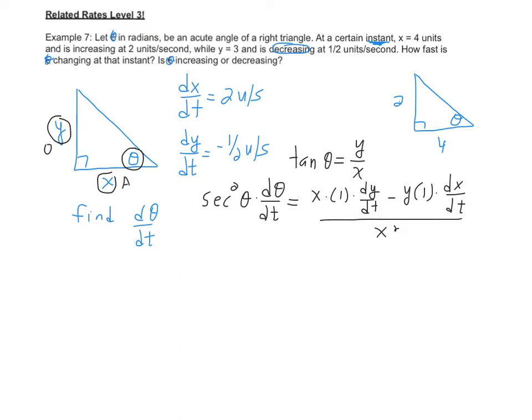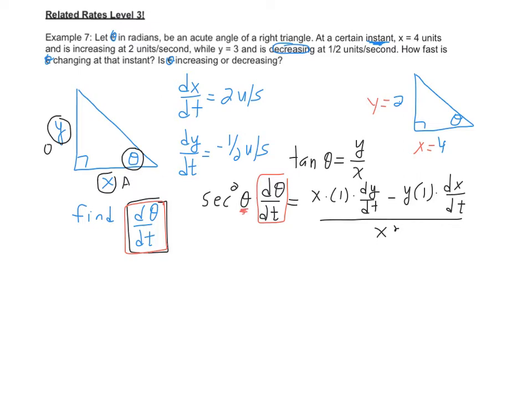As far as plugging in goes, remember we're trying to find d theta/dt. We know what x is: x is 4, and we know y. We know the rates for dx/dt and dy/dt. The only thing we don't know is theta.